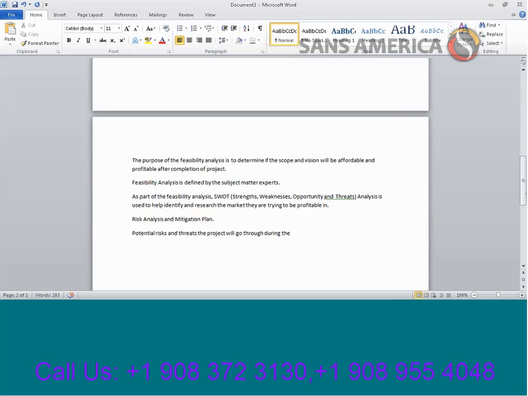So the subject matter experts or the business users identify all the potential risks involved in this implementation, and for each risk, they also try to come up with a mitigation plan. We know these are the risks, but if I run into this challenge, how do I handle it?